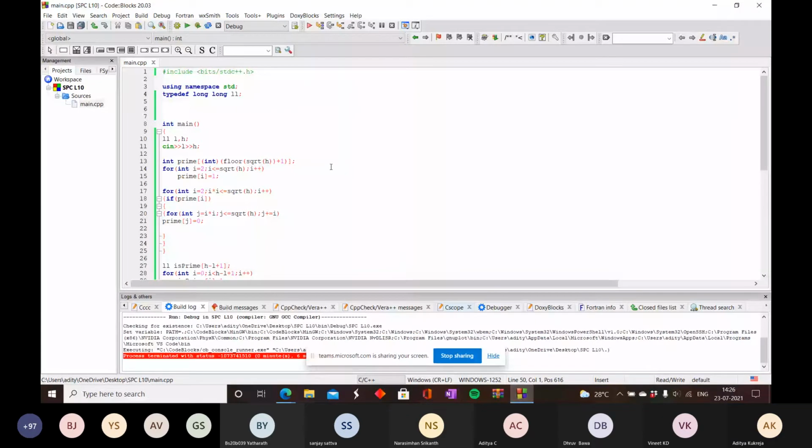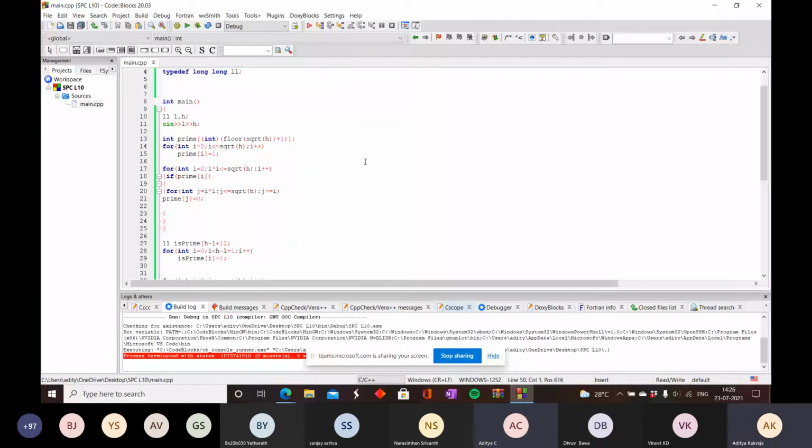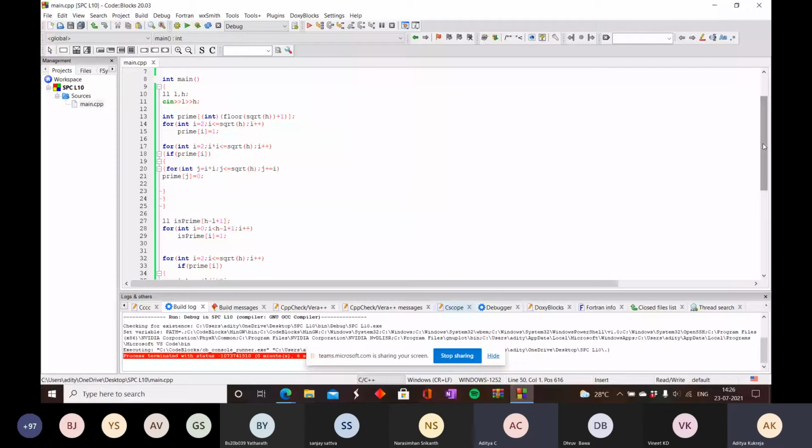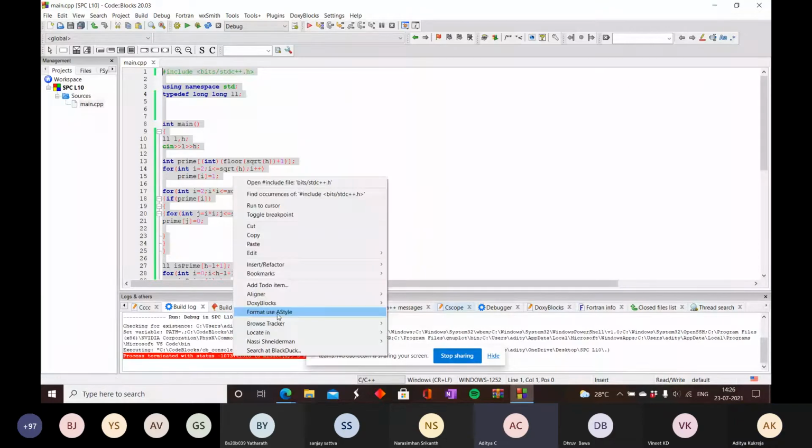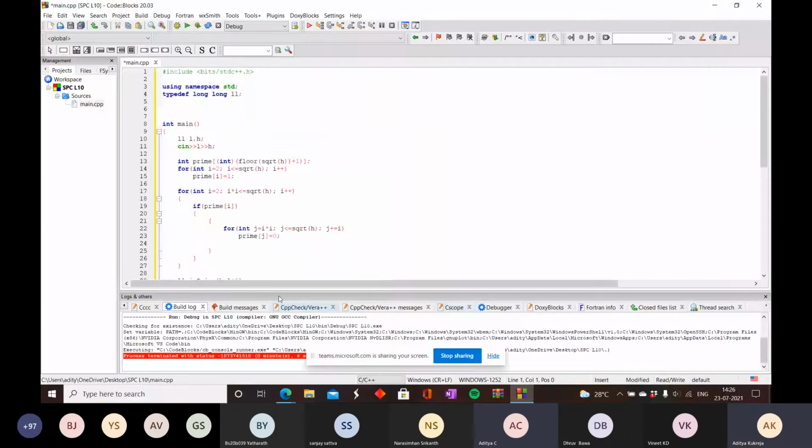Aditya, can you select all the full code? Control A, and then can you format it? It might be easier for them to see. Control A, right click, and format. It will do a bit of indentation, so it might look better. Yeah, it looks better, you can see where which loop is.